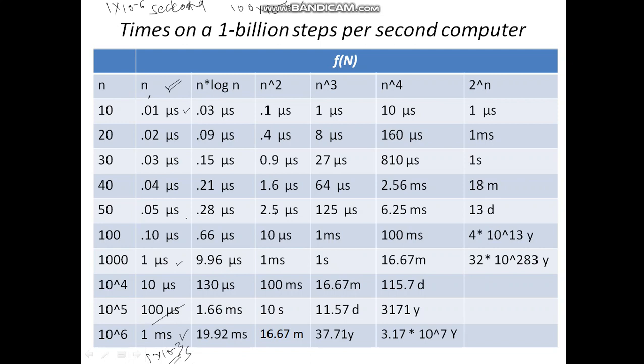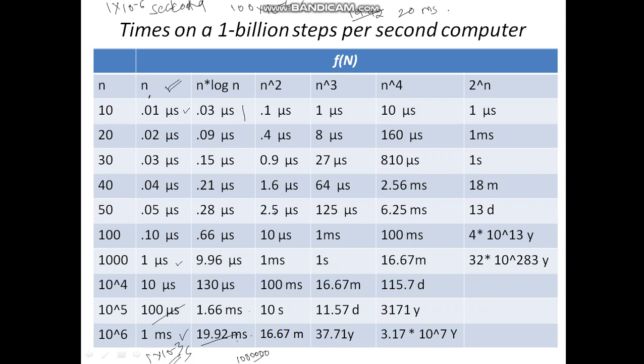But if you see here for n log n, it starts from 0.03 microseconds, but it grows, and somewhere here at 10 raised to 6, that is 1 followed by 6 zeros, for this particular problem size, it takes 19.92 milliseconds. Even that is very small, around 20 milliseconds.